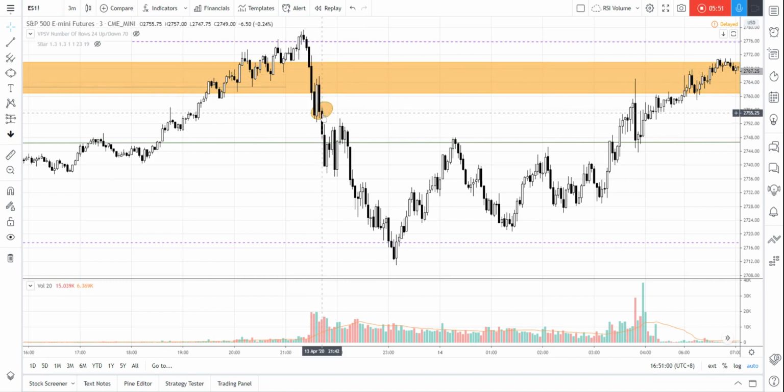My actual entry is at the close of this bar. Once it gets rejected from this area, I initiate a short entry with my stop placed above the high of the bar, somewhere around here. If it goes back, then too bad, I get stopped out. If not, I just wait.